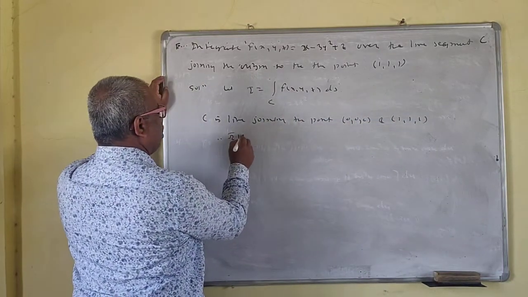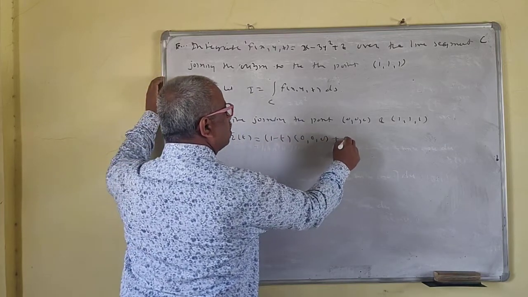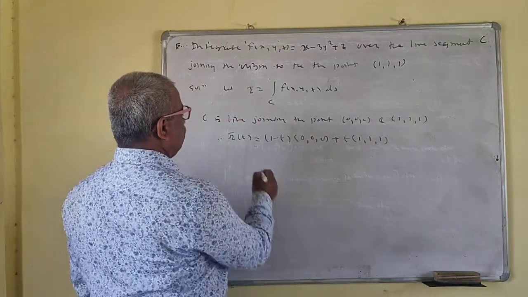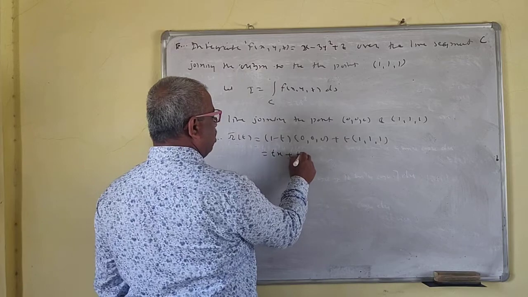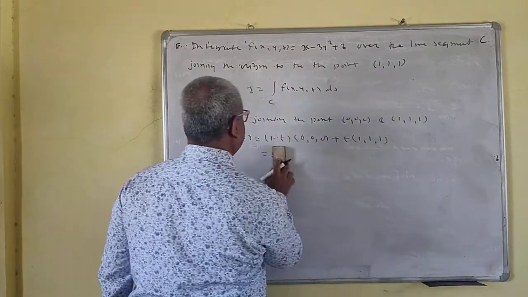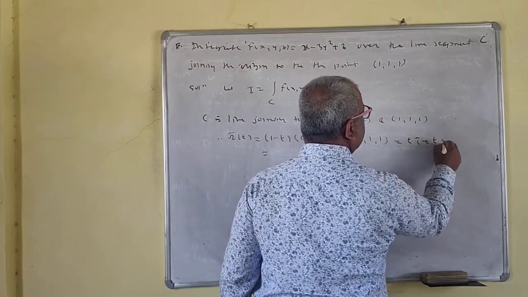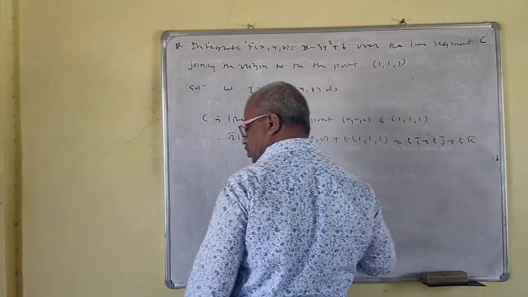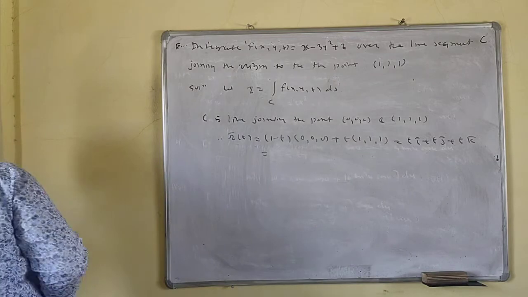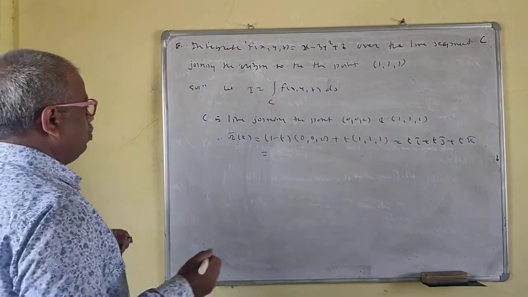So therefore r bar of t is equal to 1 minus t into 0 0 0 plus t into 1 1 1. So that is t i bar plus t j bar plus t k bar.